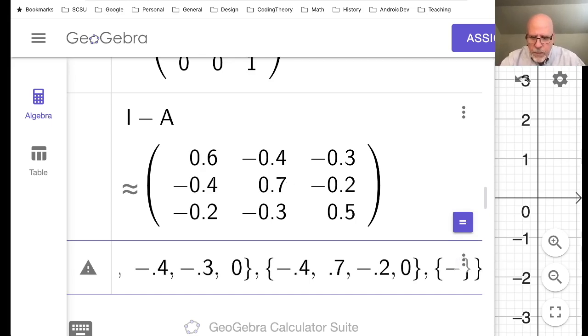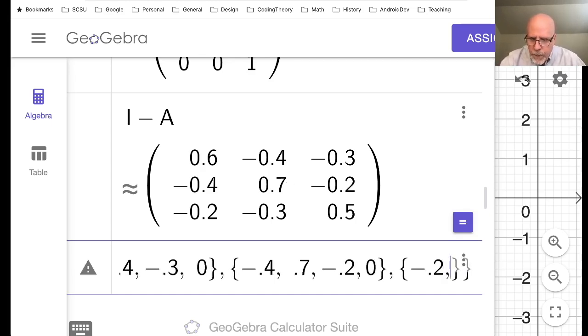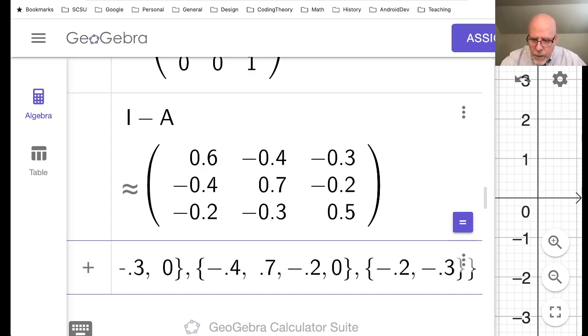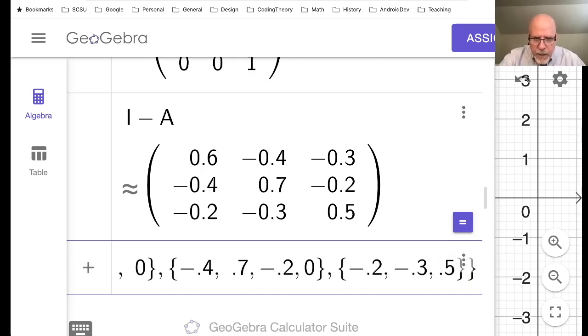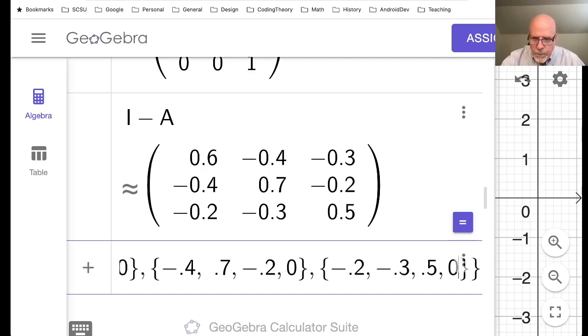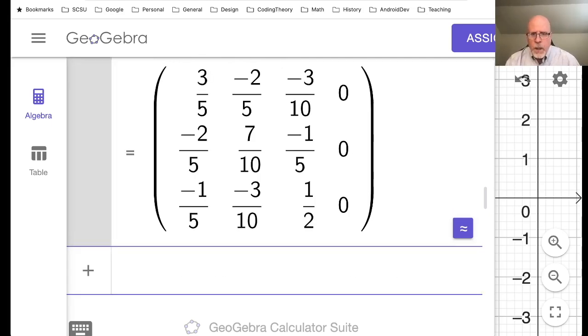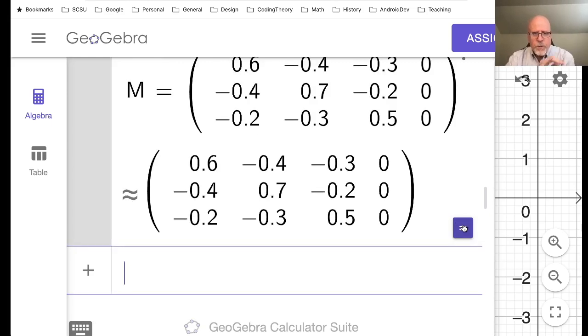So it's minus 0.2, minus 0.3, 0.5, and 0. Again, I prefer to see the decimal version of that. Just click on that. If you click on that twice, you go back to the fractions, by the way. Okay, I'm just double checking, but that's correct. You see it's got the right shape: positive numbers on the diagonal, negative numbers off the diagonal on both sides, and then a column of zeros in the augmented position.